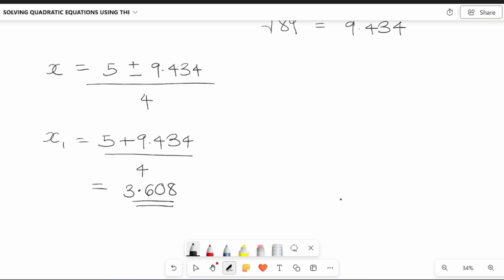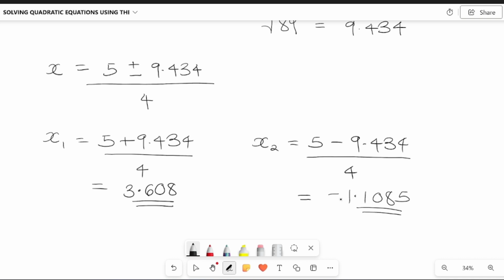And the second value of x will be 5 minus 9.434 all over 4, which will be equal to negative 1.1085. And these are the two roots of the equation.